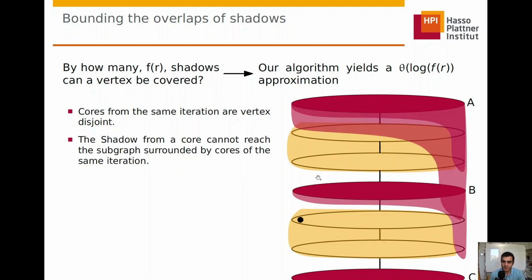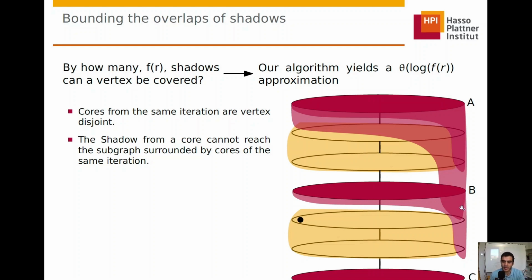Because this makes us realize that since we chose A and B such that B equals A, we know that the shadow from a core cannot reach the subgraph surrounded by cores of the same iteration. Which means that the shadow of A here cannot touch this subgraph, the second one, because it will be stopped by B, because the size of its shadow is the same size as this core, right?